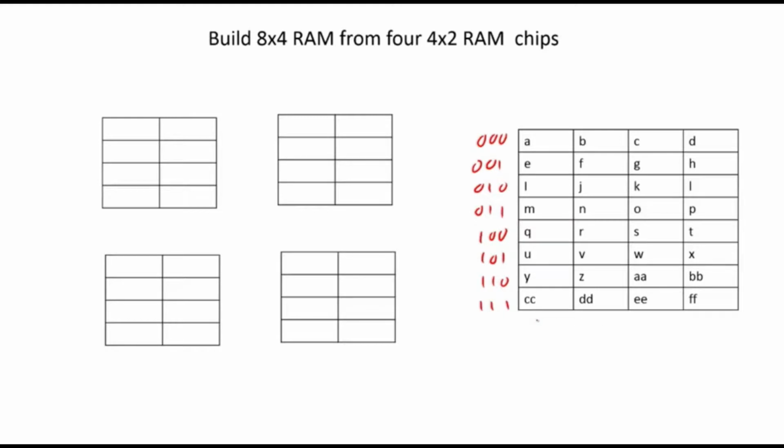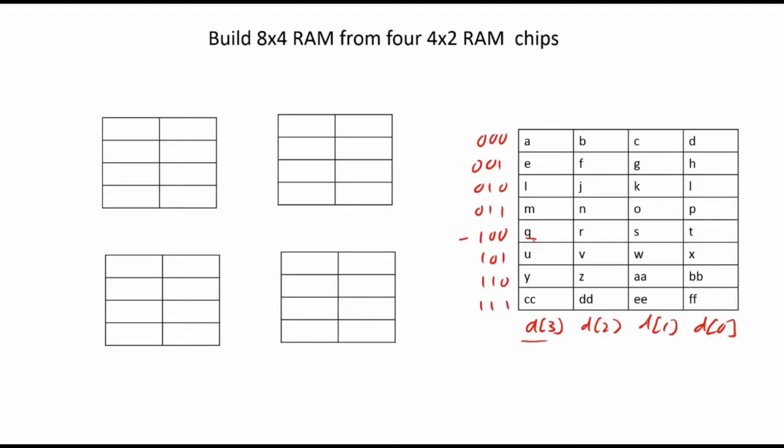So this is the D3 bit, this is data 2, data 1, and data 0. If I access, for example, address 4, and I look at data bit 3, I'm going to be getting the letter Q.